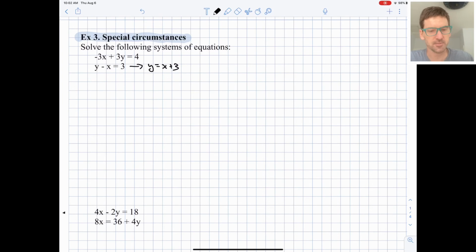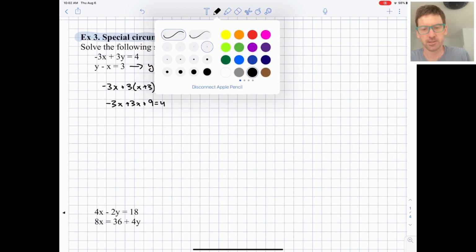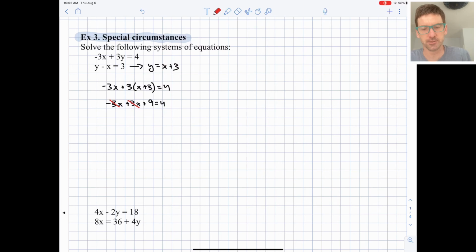And then let's substitute it into my first equation. So I have negative 3x plus 3 times x plus 3 equals 4. And simplifying, distributing, negative 3x plus 9 equals 4. It looks like the 3x's cancel, and we have 9 is equal to 4.